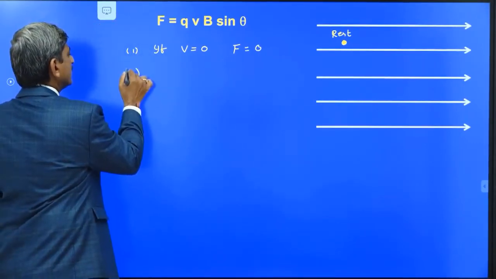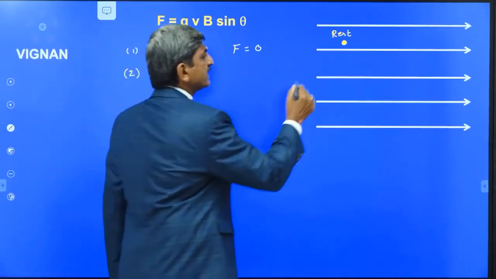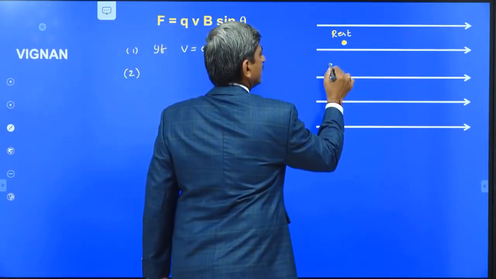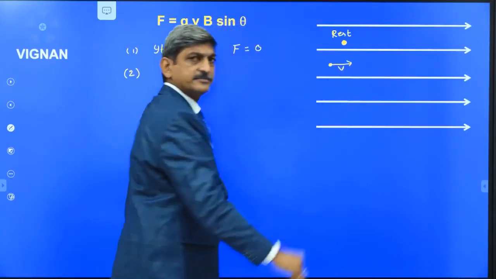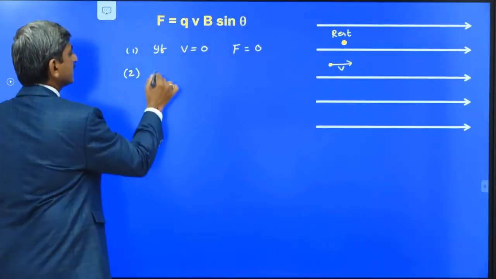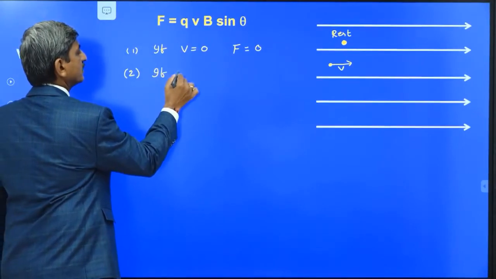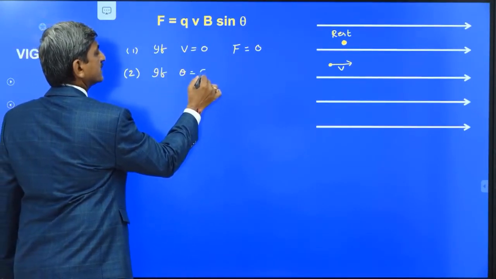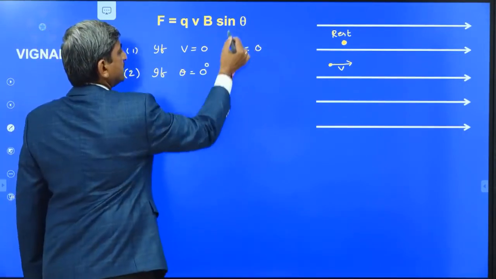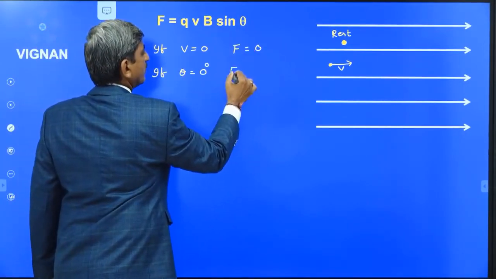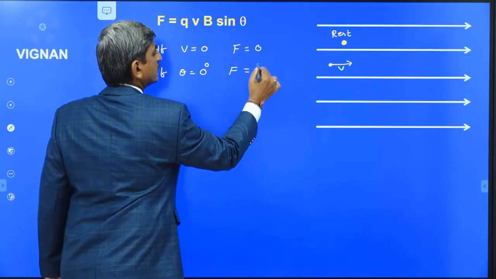Suppose the charge is moving inside the magnetic field with some velocity in the direction of the field, then in this case theta is equal to 0 degrees. Then we know that sin 0 is equal to 0, so the force acting on the particle is equal to 0.